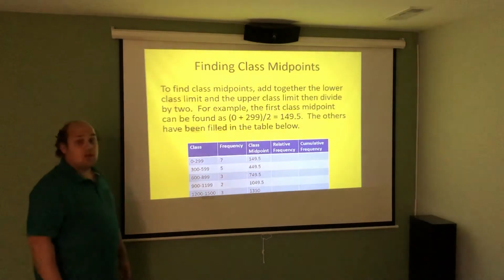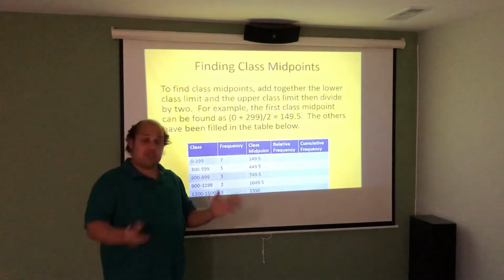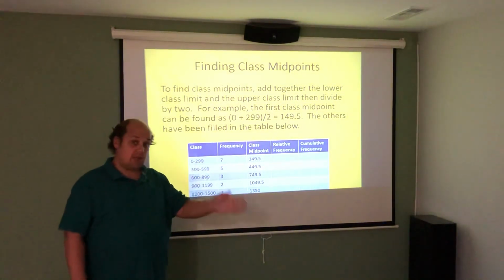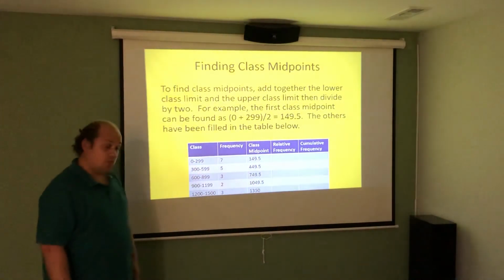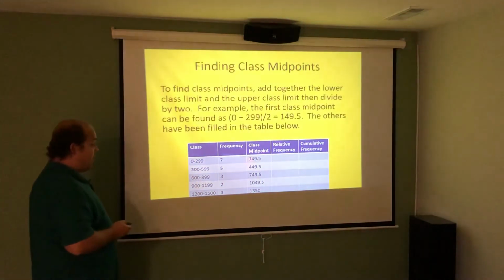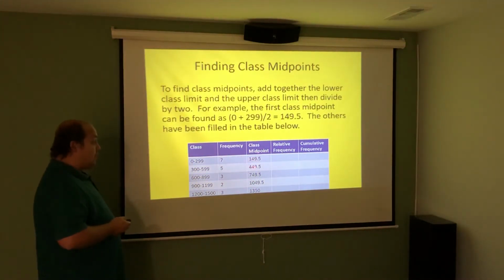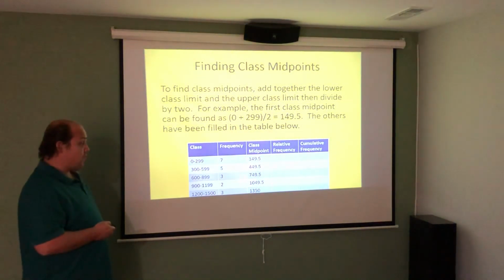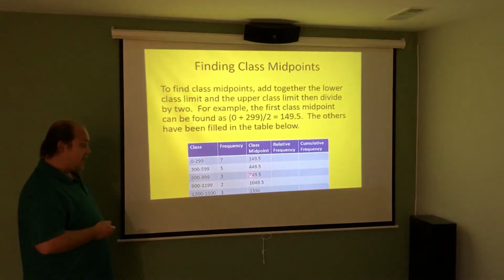That's one way to look at this and one way to do it. You can always just keep adding together the two class limits, lower and upper, and dividing by 2. But you also could see a pattern developing. Really, all that I'm doing each time is adding the class width. So to get from 149.5 to 449.5, I'm really just adding 300. Same thing to go from 449.5 to 749.5, and to go from 749.5 to 1049.5.